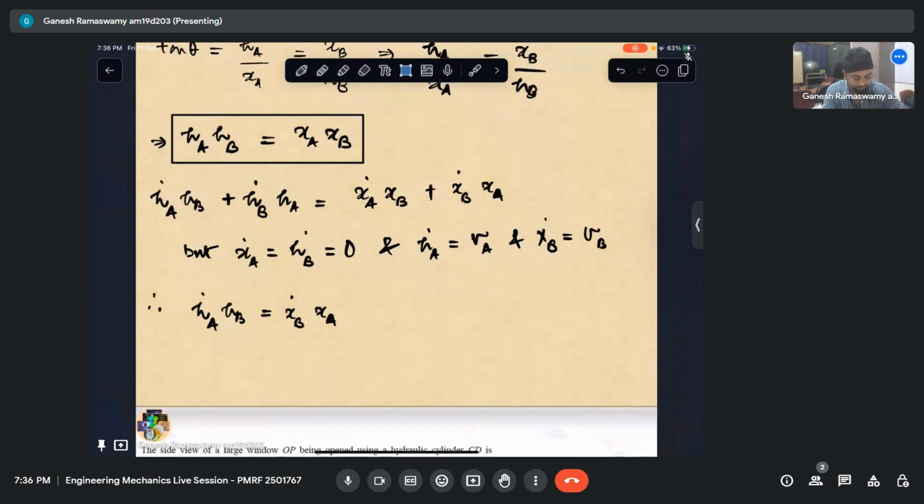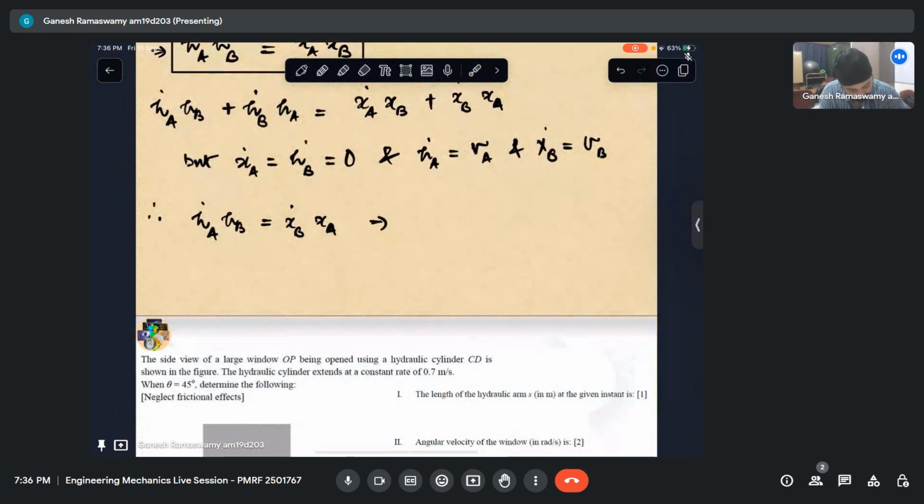So from here, I can clearly see that XB dot is nothing but this quantity divided by XA. And HA dot I can replace by VA. So therefore, XB dot, which is nothing but VB, is given as HB by XA into VA.